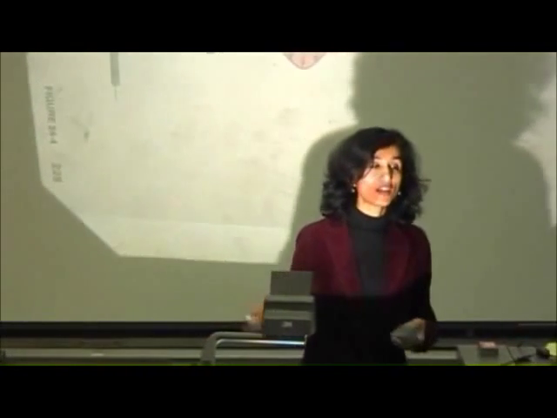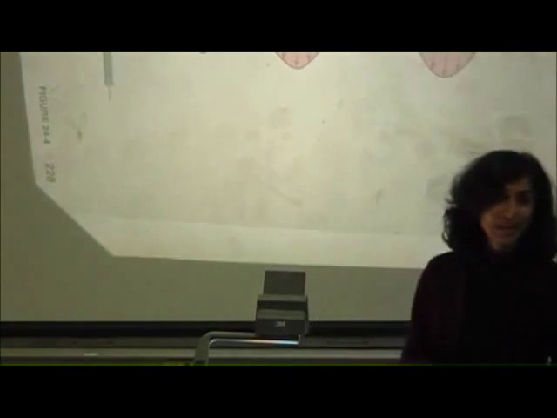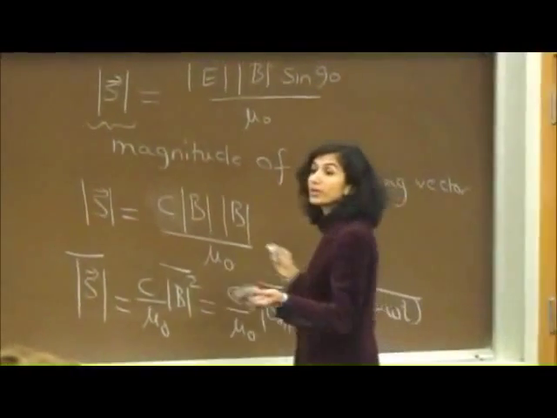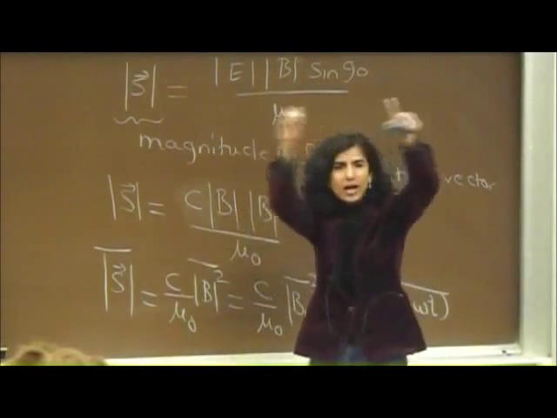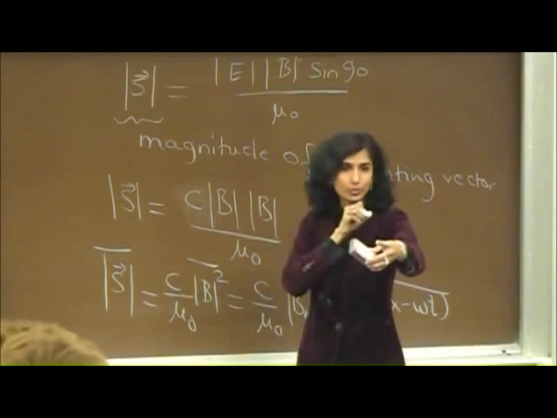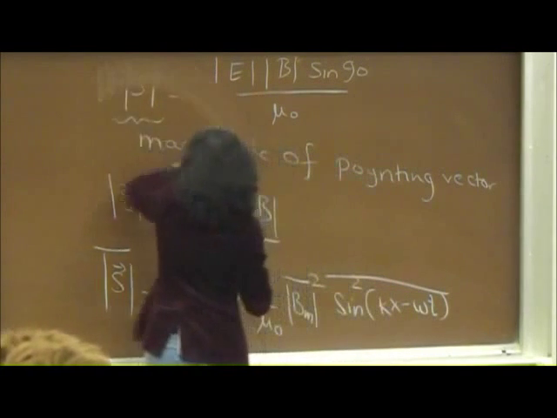So in other words, half the energy of an electromagnetic wave is carried by the electric field and half is carried by the magnetic field. Let's try energy per unit volume. The easiest way to talk about it is how much energy is carried in a unit volume, right? So let's think about it.